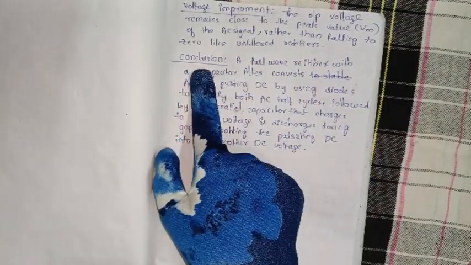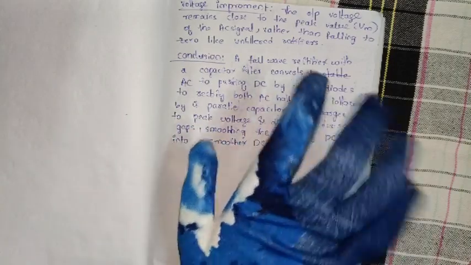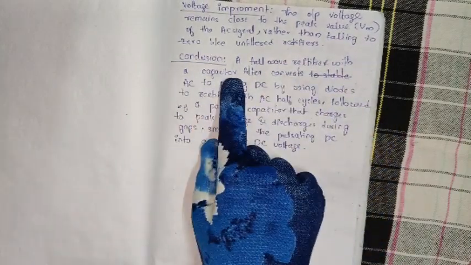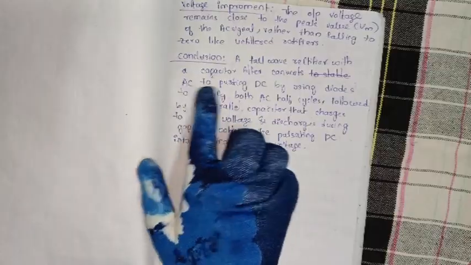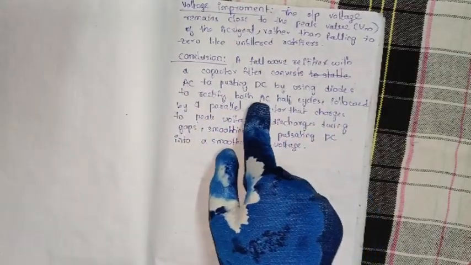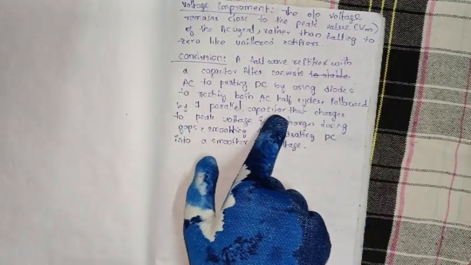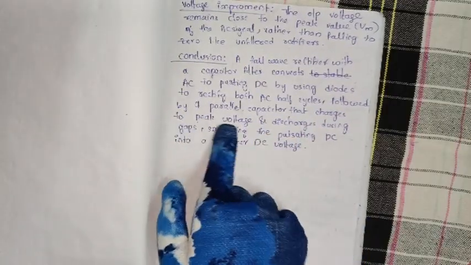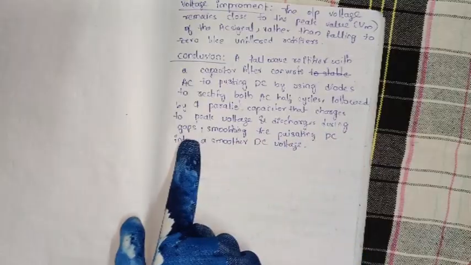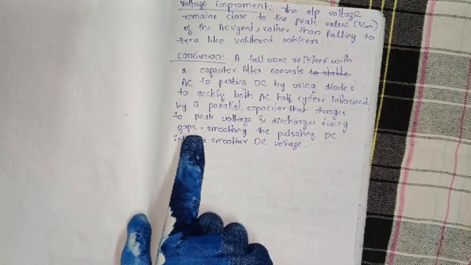Then in conclusion, what we have all understood is that a full wave rectifier with a capacitor filter converts AC to pulsating DC by using diodes to rectify both half cycles, followed by a parallel capacitor that charges to peak voltage and discharges during gaps.